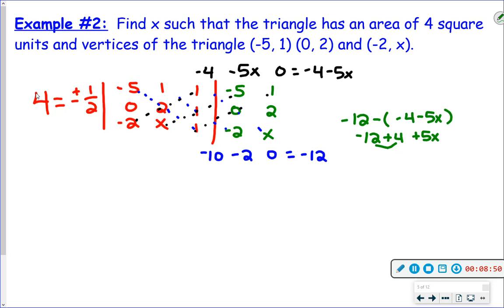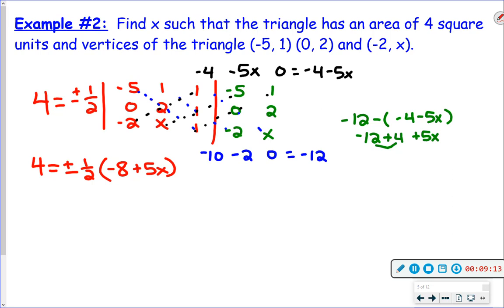So here's where we're at. We've got ourselves a very lovely algebraic equation. I've got the 4, the 1/2, and for my determinant answer, I've got negative 8 plus 5x. So the problem, or the fun part on this one, is we now have to solve this equation for x.